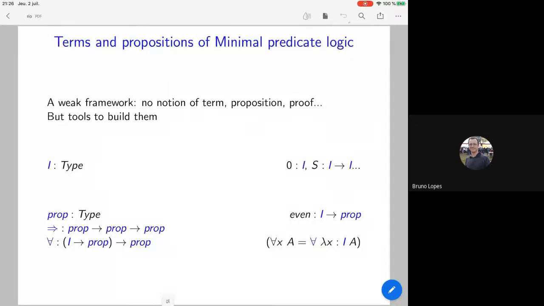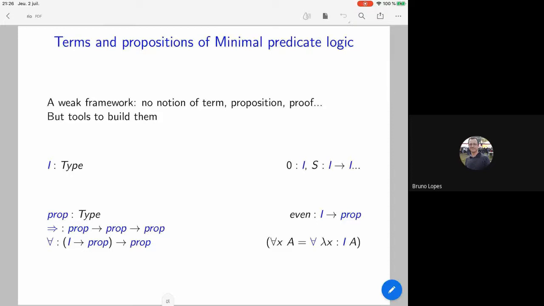To do so, we just declare a variable I of type Type. And the keyword Type here is one of the 2 or 3 keywords of Deducti that we are going to use. And then we can define function symbols, but function symbols are just symbols of type I arrow I, and so on.